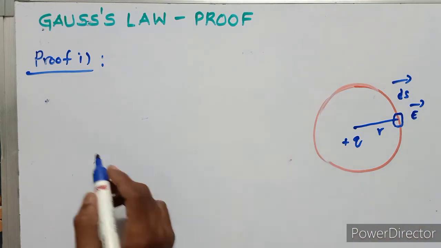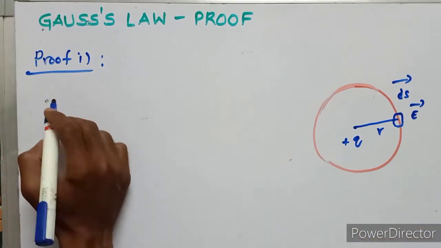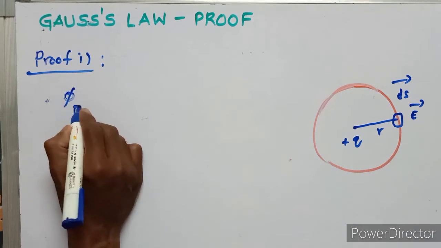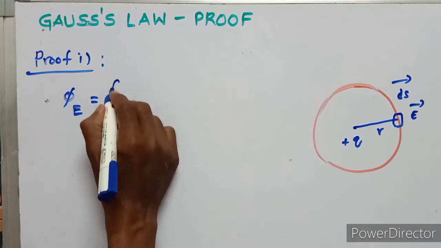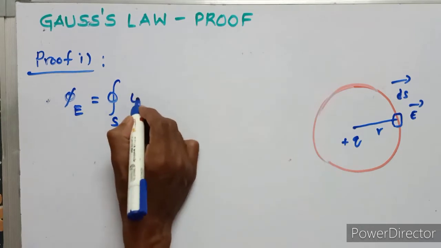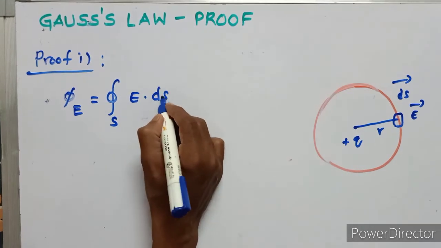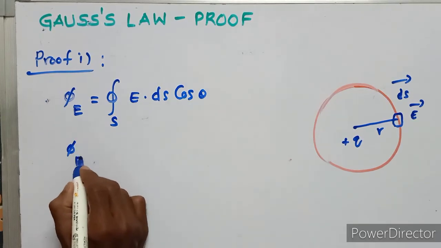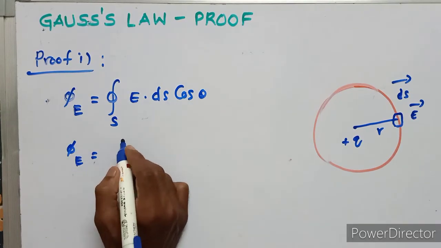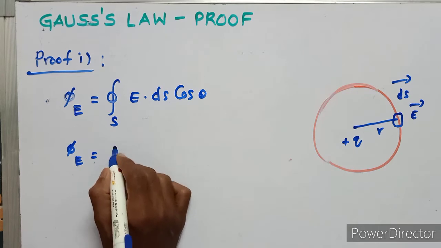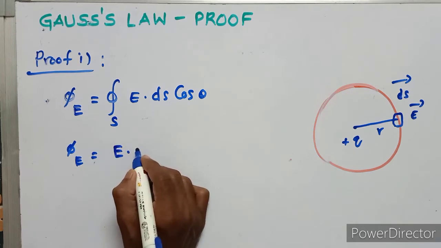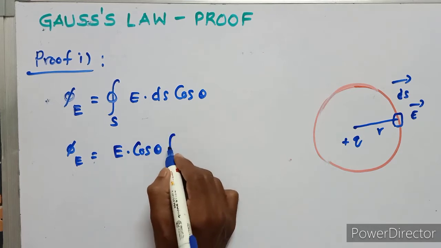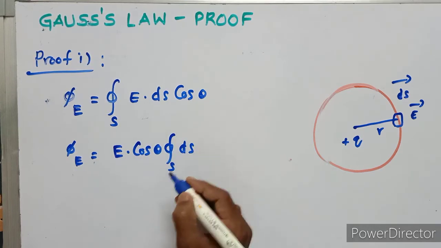Now the electric flux phi suffix e is equal to the closed surface integral of E dot ds cos theta. Phi suffix e is equal to E cos theta times the closed surface integral of ds.